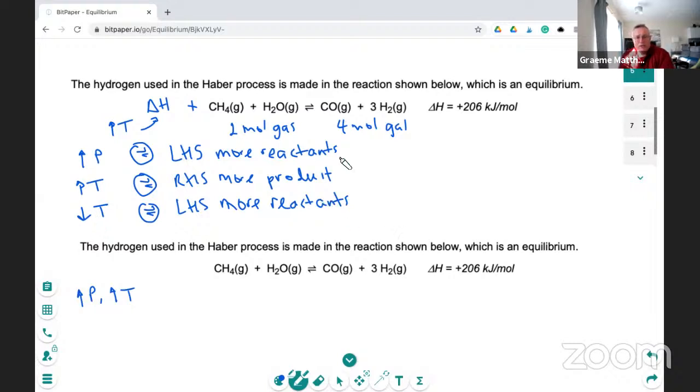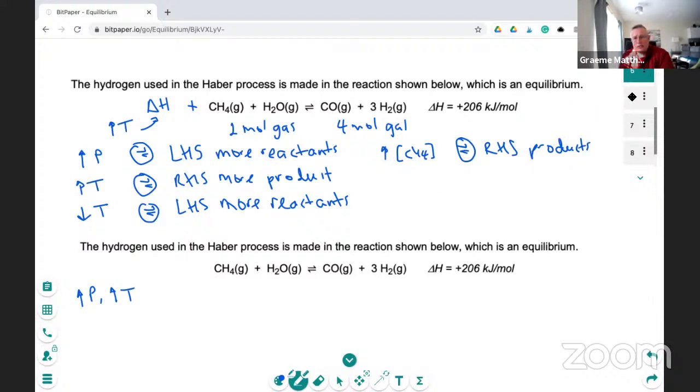The pressure one, I think, is fairly obvious. The one with the concentration: for example, if I increase the concentration of methane, then my equilibrium position is going to move over to the right-hand side and form more products. All right, so this is Le Chatelier's principle.